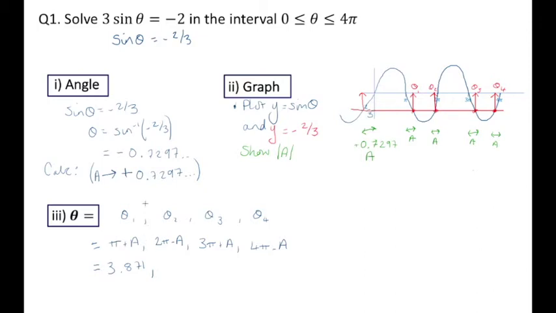Alpha and then A. So 2 pi minus A will give you 5.553. 3 pi plus A, you're going to get 10.155. And last answer, 11.837.